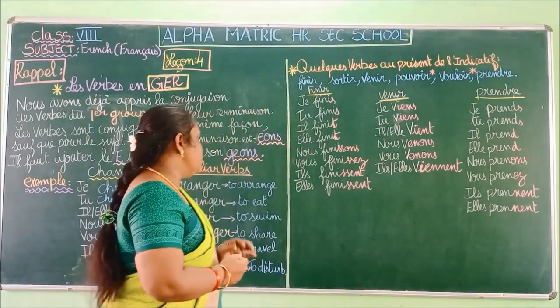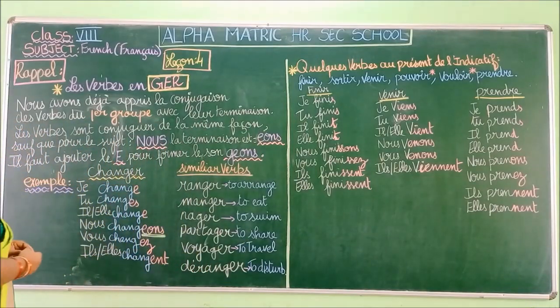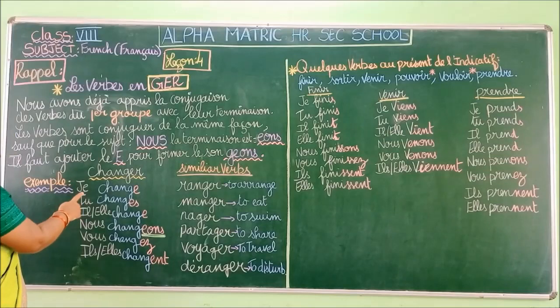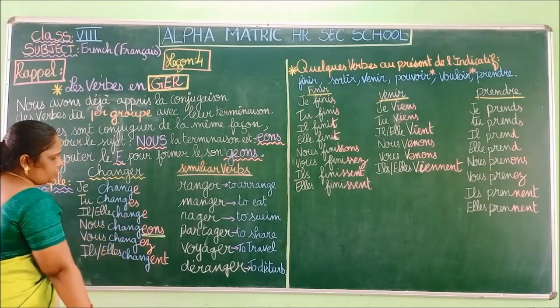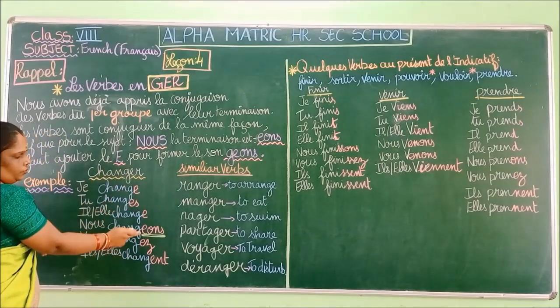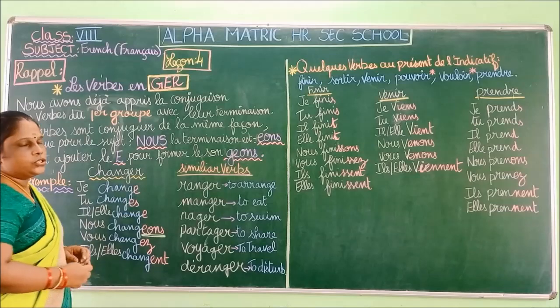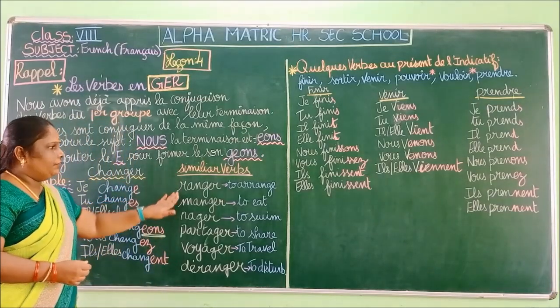Okay, so here is the one example for the conjugation of GER group verb. So ici vous avez la même terminaison que nous avons au présent, sauf que nous allons ajouter le E pour former le son jon. So here you have similar verbs.